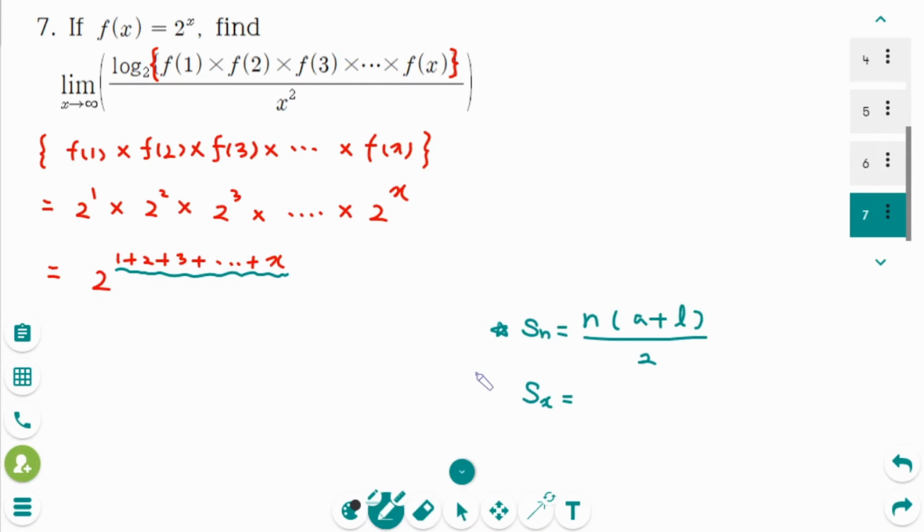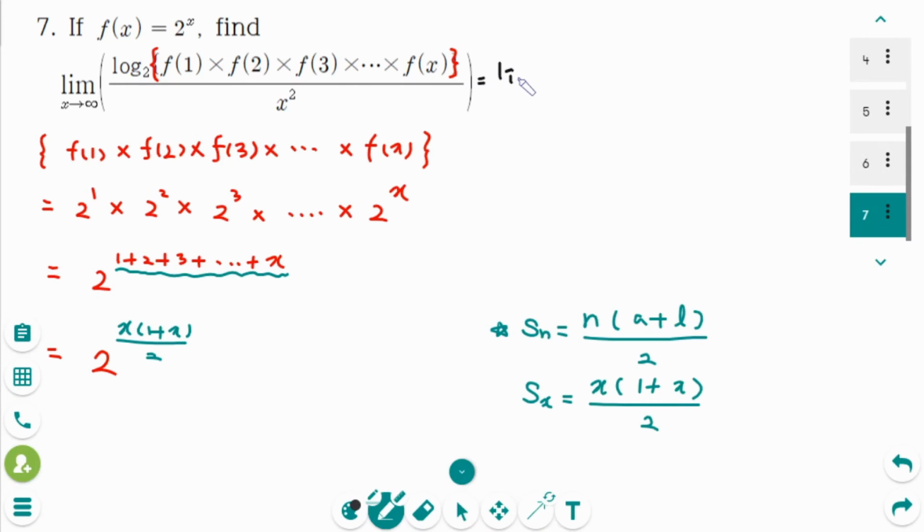So in here, number of x terms, so x times the first one is 1, the last one is x over 2. So this one will be 2 to the power of x times 1 plus x over 2. Finally, we can put this into the bracket.